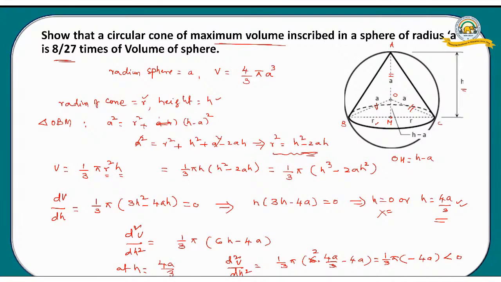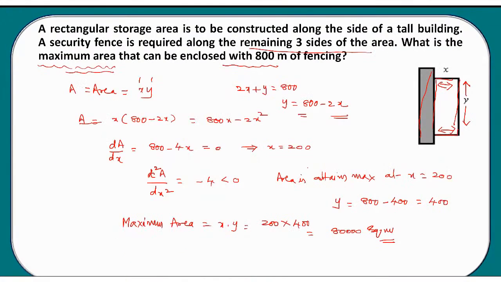The volume of the cone is equal to 1/3 pi times h cube minus 2ah square.